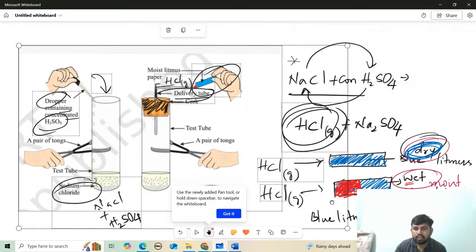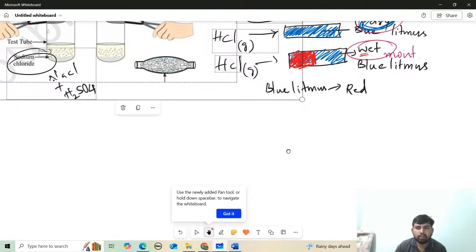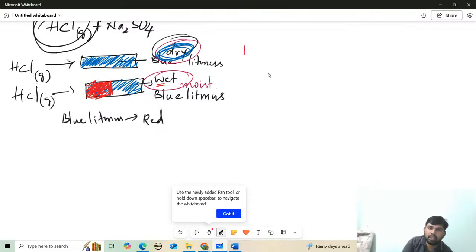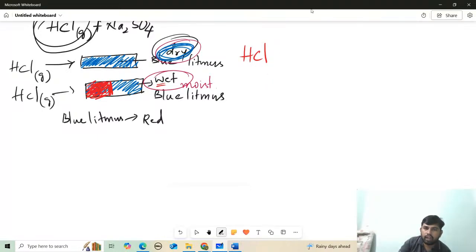Complete HCl is not responsible here. Try to understand. When HCl is added to water, what happens? It produces H plus ions, or we can say H3O plus ions.